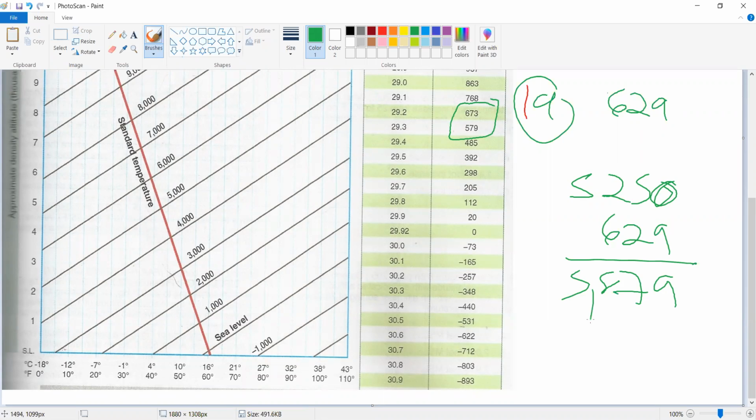Oh, well, that's going to be close to the 6,000 mark. Maybe something like that. And our temperature is at 81. Somewhere maybe here. So we're going up until we come to this point. And let's see here.